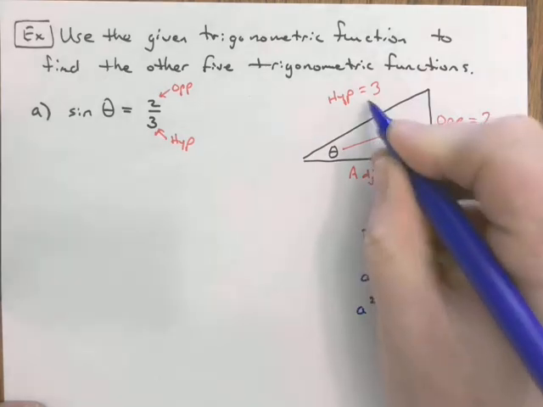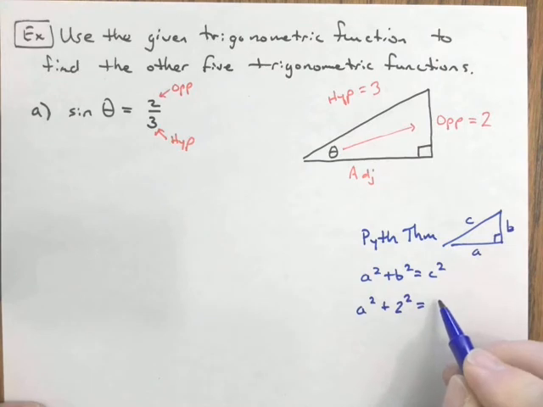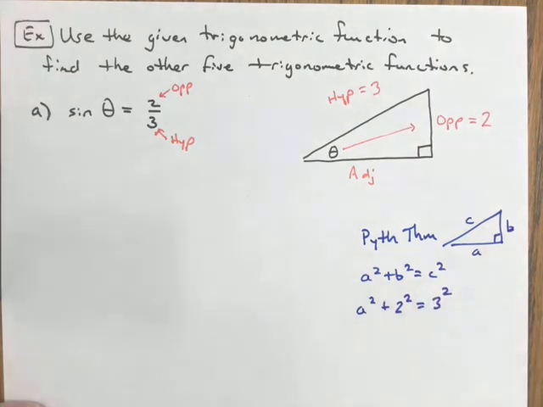And I know the length of the hypotenuse, c, that has a length of 3. So from there I should be able to go through and figure out the length of side A.